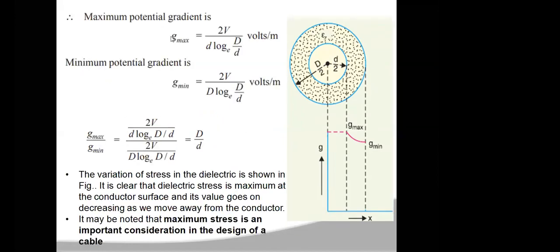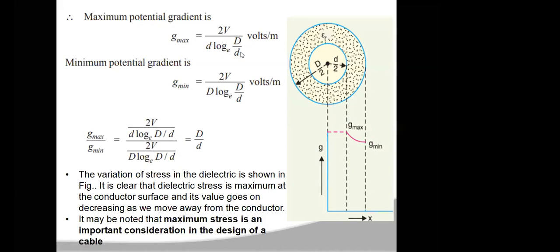So here if you put x equal to small d by 2, you will get the maximum potential gradient, which can be represented as G max, equal to 2V by small d into ln D by d.